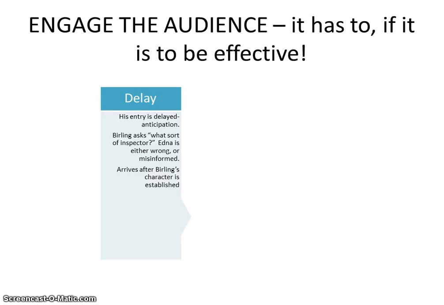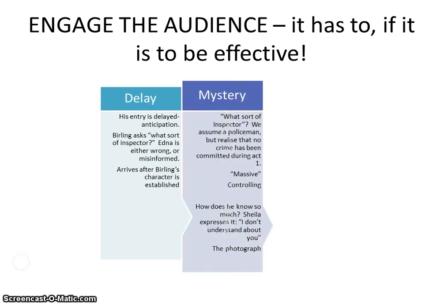He also arrives after Birling's character has been very clearly established as a capitalist, an arrogant, bullying fool. Nobody can listen to his prophecies without thinking of him as foolish. And the inspector stands against that. He's a character of mystery, but we very quickly realise in Act 1, for example, that no crime has been committed.